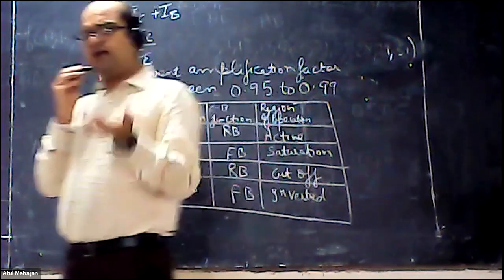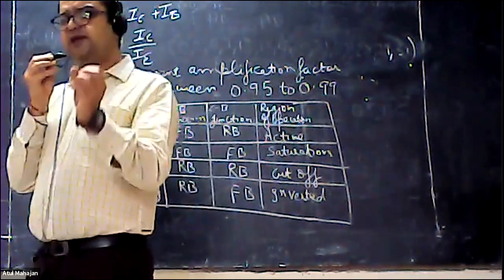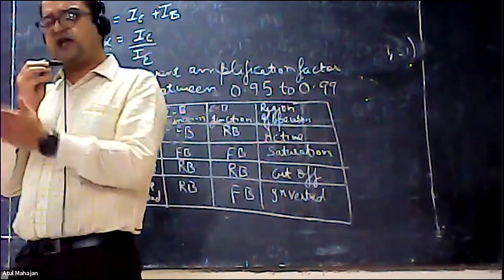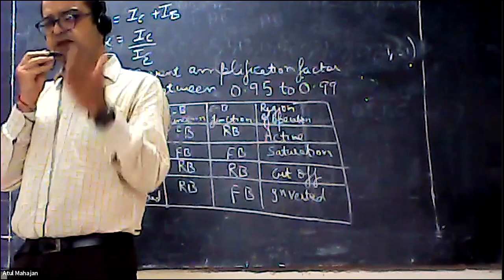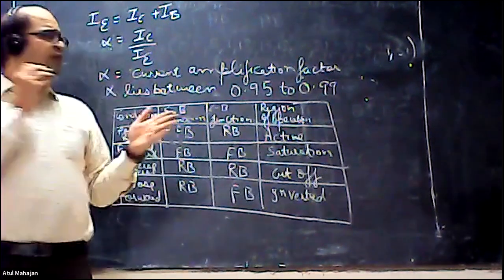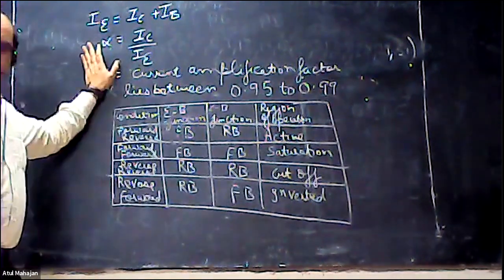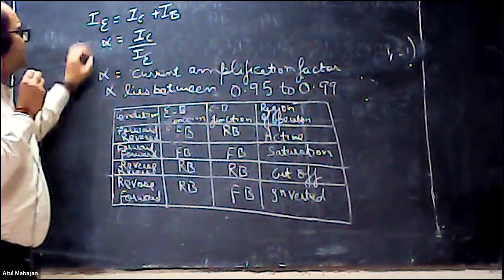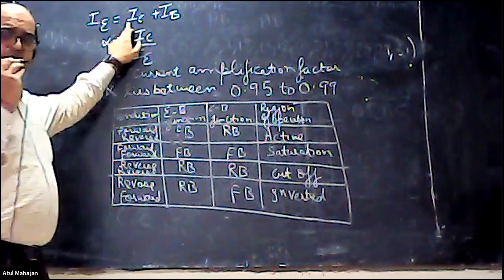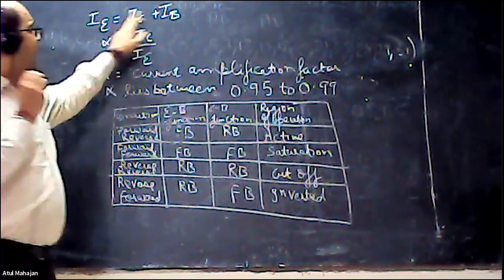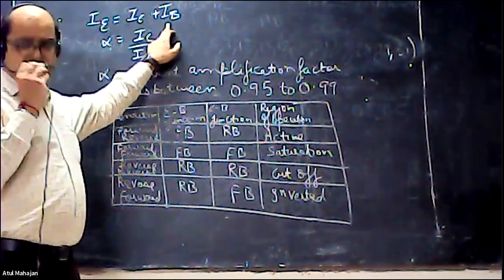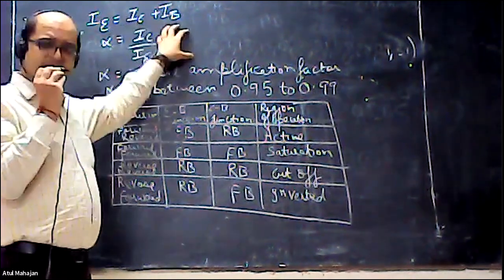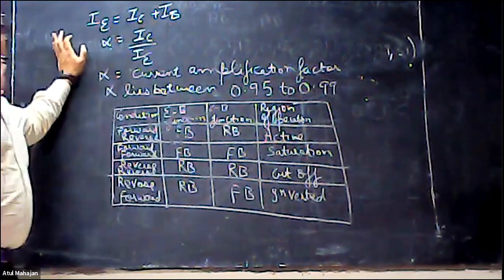Because emitter current is always associated with the transfer of charged particles from the emitter towards the collector, and when these charged particles are moving, they are collected in the collector junction and transferred from the base. So a combination of collector plus base is always equal to the emitter current.